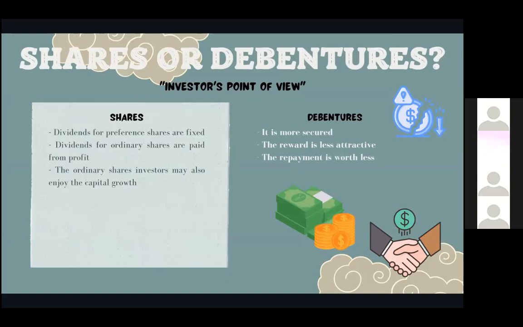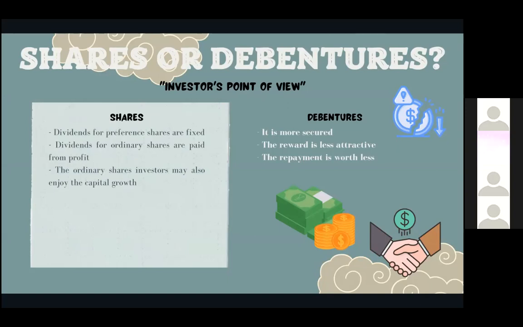Shares and debentures. As both shares and debentures have their own advantages and disadvantages, the main key difference between them is that shares represent ownership of the shareholders in the company, and the shareholders have voting rights. On the other hand, debentures represent indebtedness of the company.